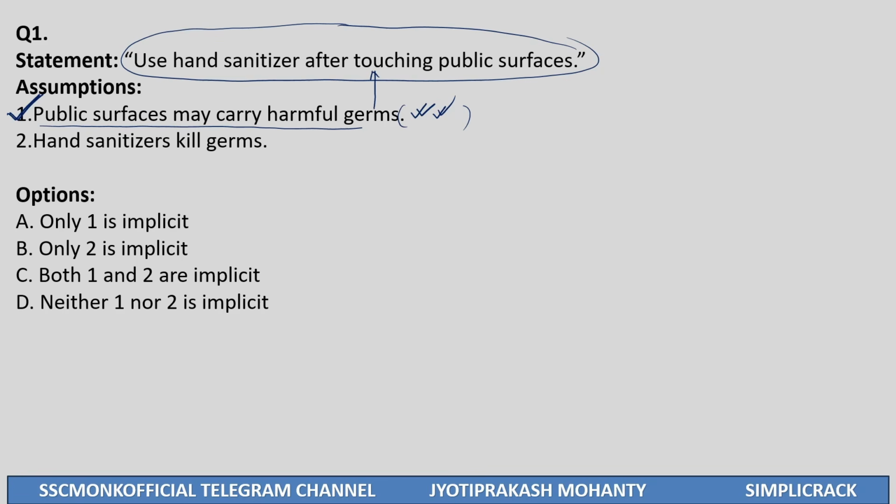Now the second assumption: hand sanitizer kills germs. Understand, if I am using hand sanitizer, it should do some good work, otherwise it has no use. First thing, hand sanitizer is killing germs. That means it is supporting the statement, since public surfaces have germs and if I use hand sanitizer, it will kill the germs. So the first thing is done. Now the second check. If I remove this part, if hand sanitizer is not killing germs, then what is the purpose of it?